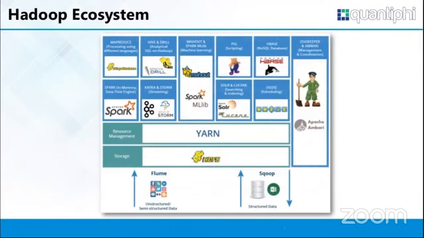So these ecosystems, if you want to use them, you need to study them separately. But the advantage here is you don't have to write the MapReduce program in Java or Python. Very simple. Let's say you want to import data from a MySQL database, a company table, into HDFS for processing. You would have to write your own Java code for it, and that will take a long time.